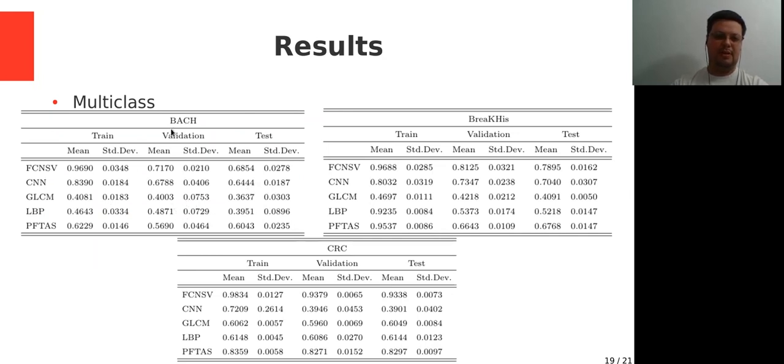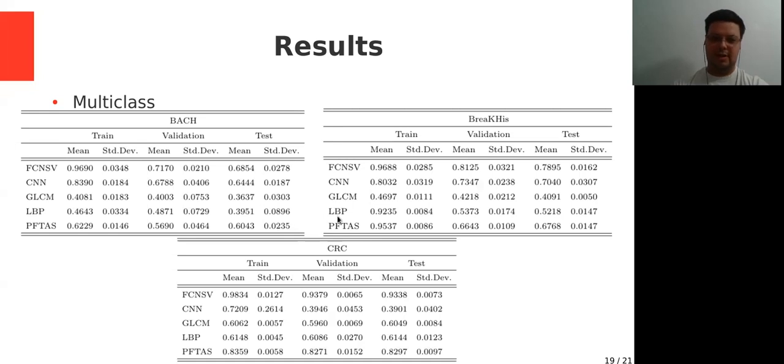For the BACH data set, in the test data set, we achieved the best results. For the BreakHis, we also achieved better results than the other proposals. Here, with GLCM, LBP, and PFS, we use the same SVM classifier, an SVM classifier with RBF kernel.